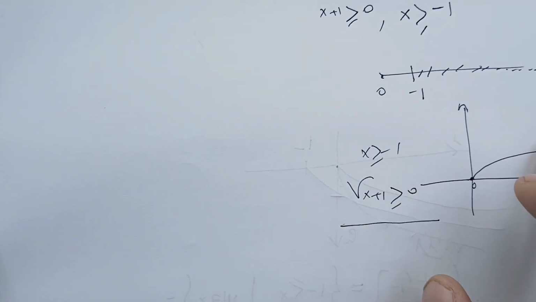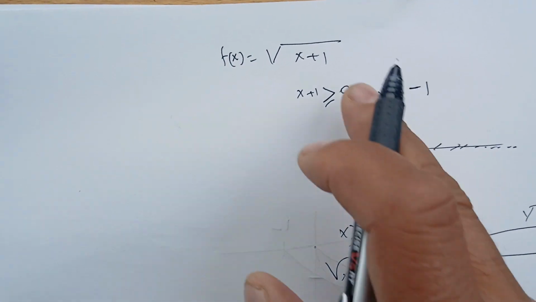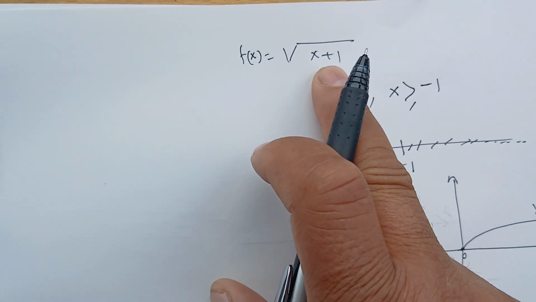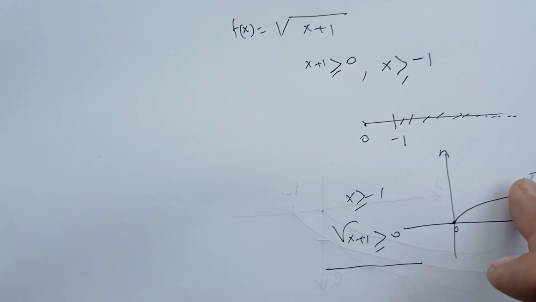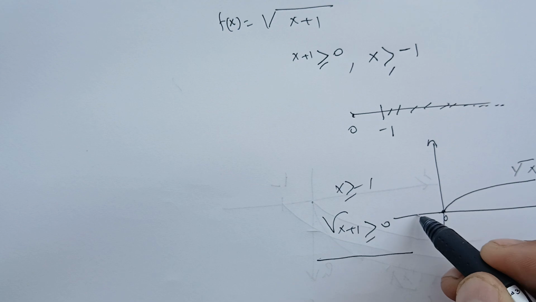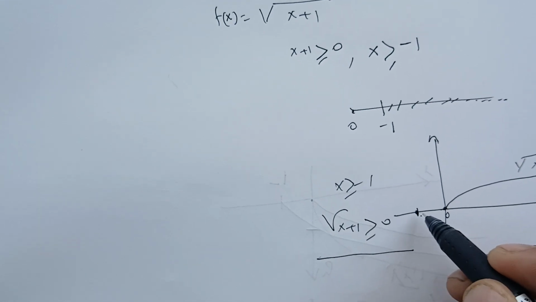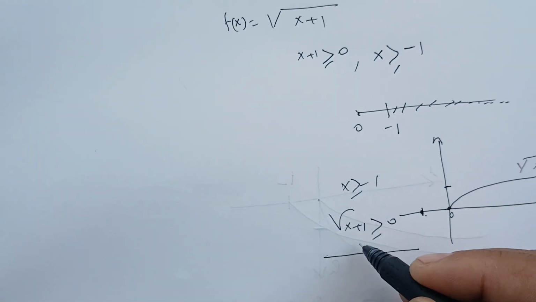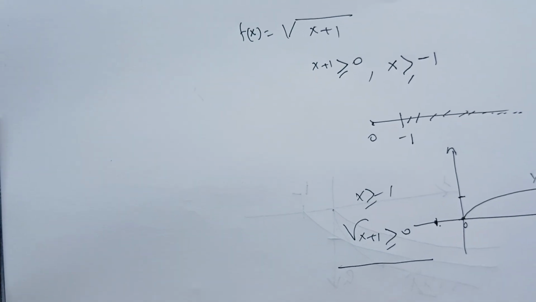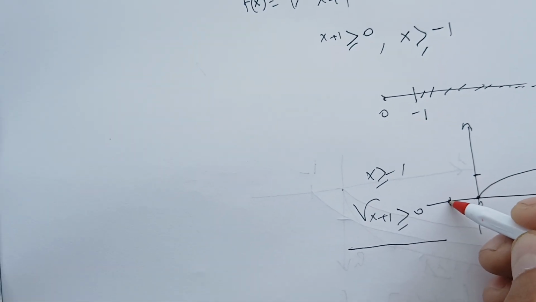So what's the relation between the square root of x and the square root of x plus 1? This one was shifted left from the square root of x by 1. So we go back here to minus 1, and we have this point here. When x is 0 it is 1, and this is our graph approximately.